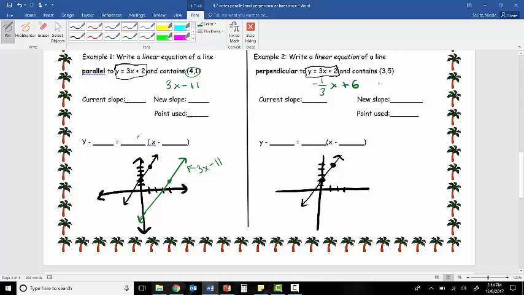If I graph my perpendicular line, it must go through 3, 5. So I will plot 3, 5. And again, perpendicular basically has to make 90 degrees. So you have to draw a line that makes 90 degrees with the other line.